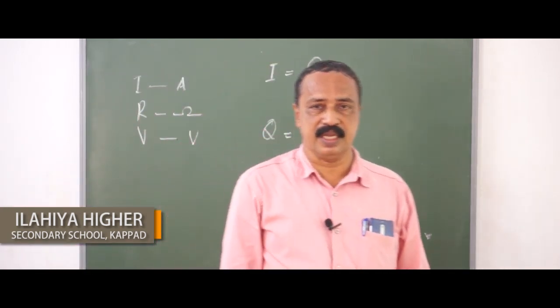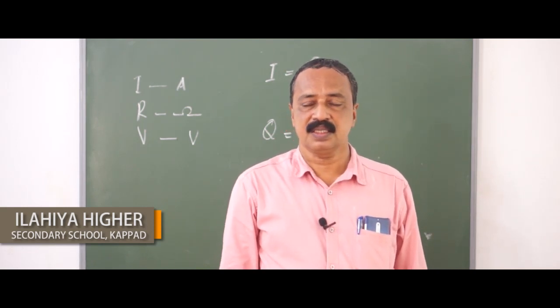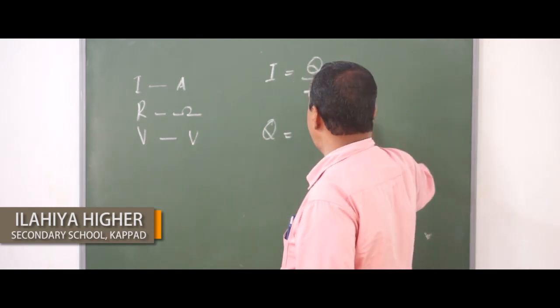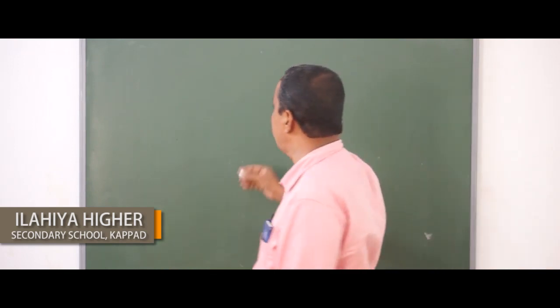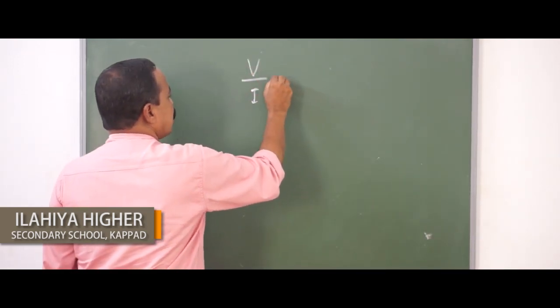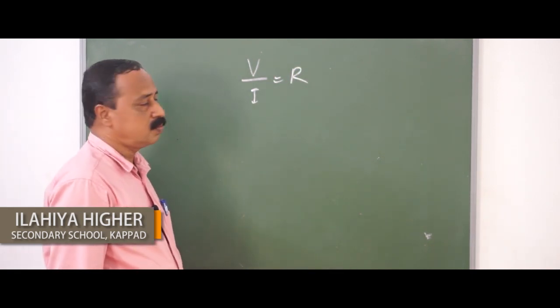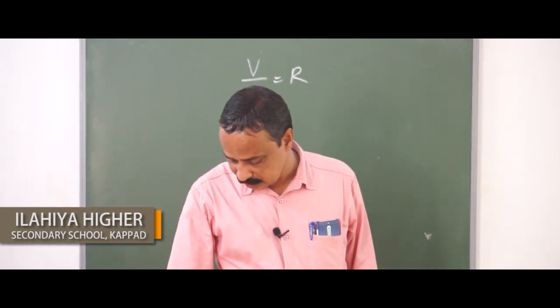Using these three, we can find a relation that you studied last year: Ohm's law. It is the mathematical derivation of Ohm's law. V by I equals R. The ratio of potential difference and the current is a constant.